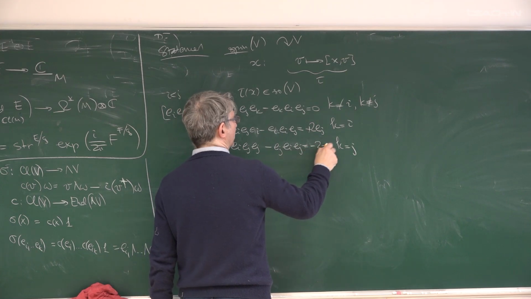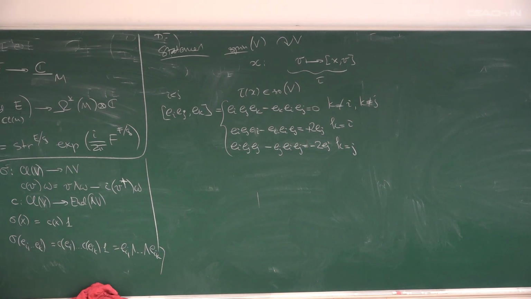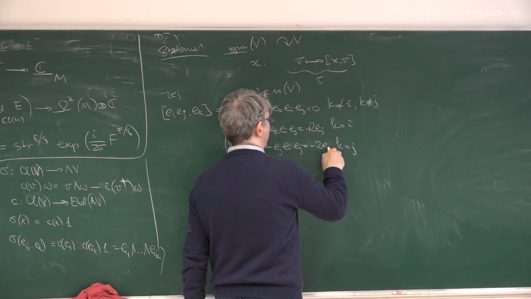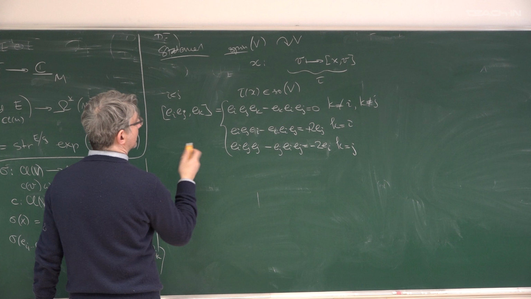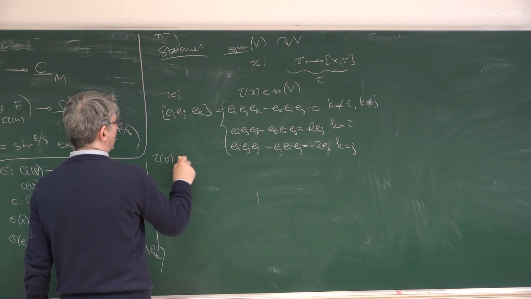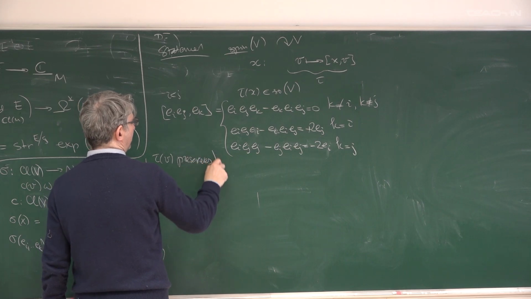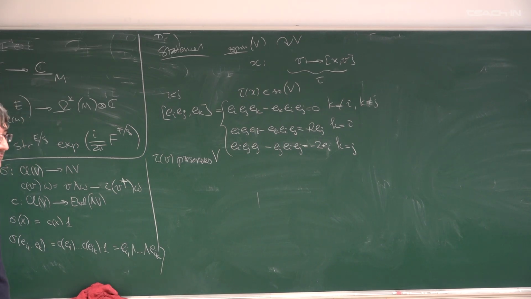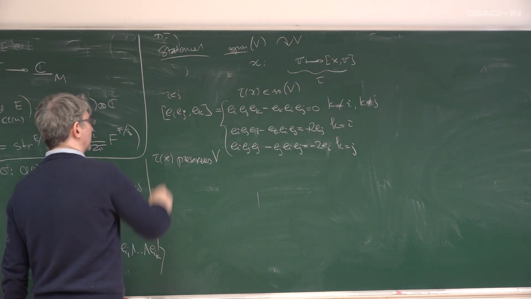This will be 2 e_i minus 2 e_j... e_i, yes, that's correct. So it means that tau of X preserves V, yes, that's correct.